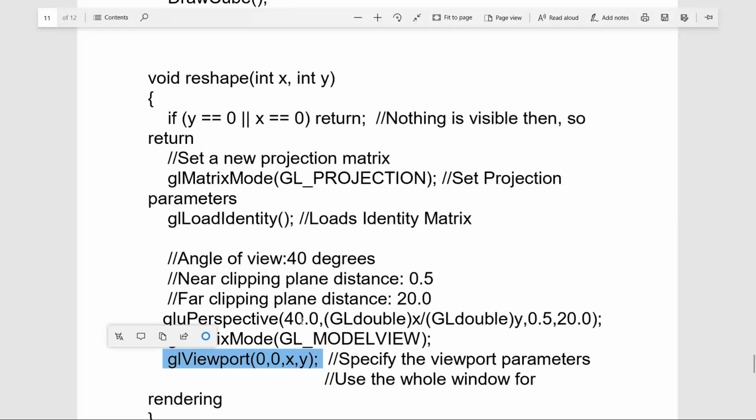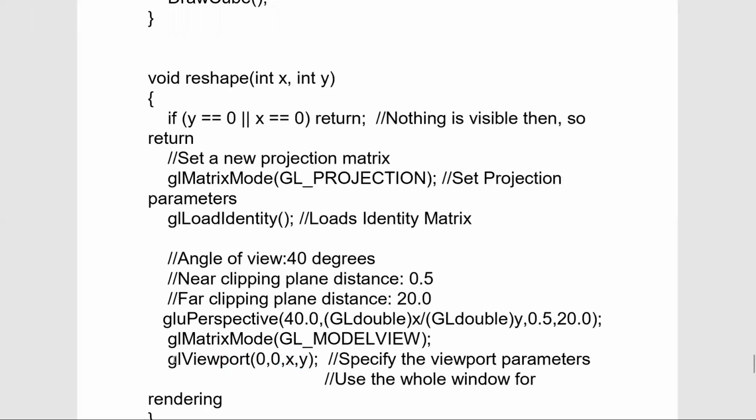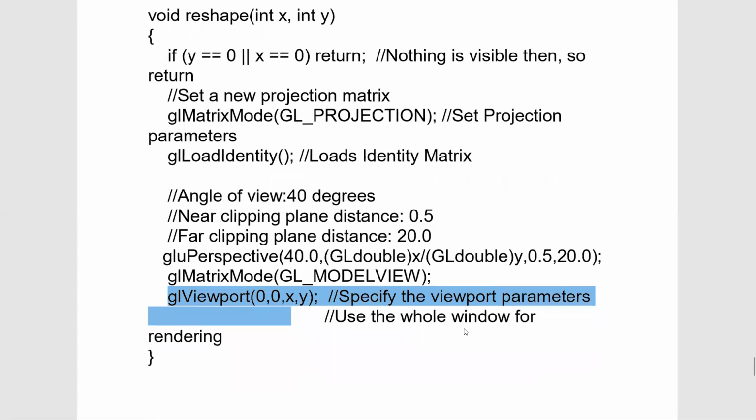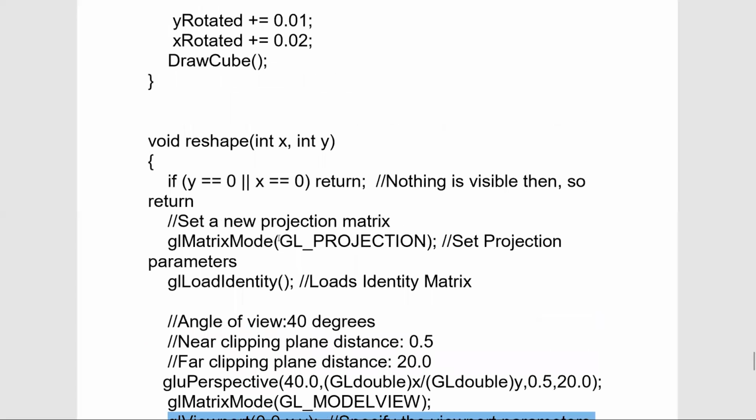How are the viewport parameters specified here? Using the glViewport function. The glViewport function lets us use the whole window for rendering, from 0,0 to x,y. So that means the whole window is available for rendering of the picture, rendering of the object.